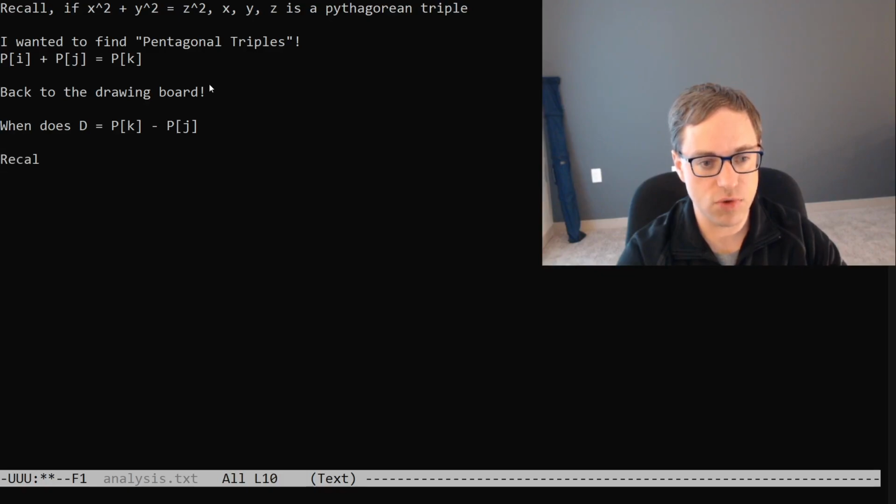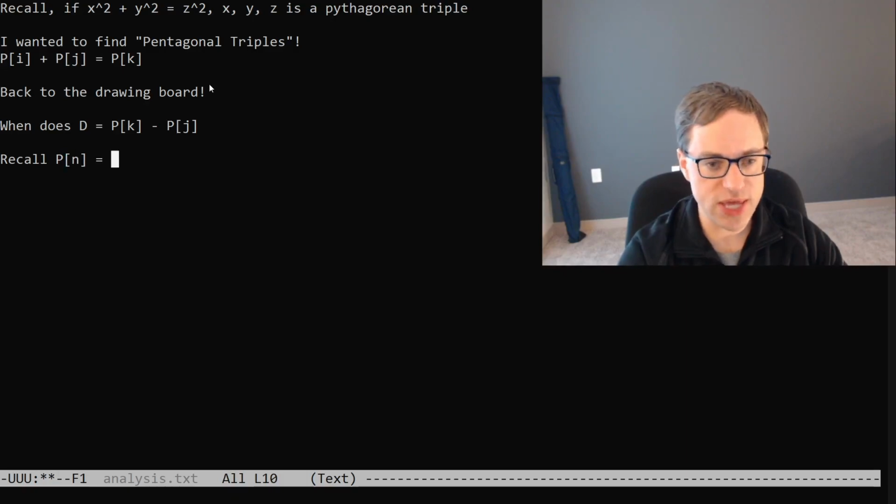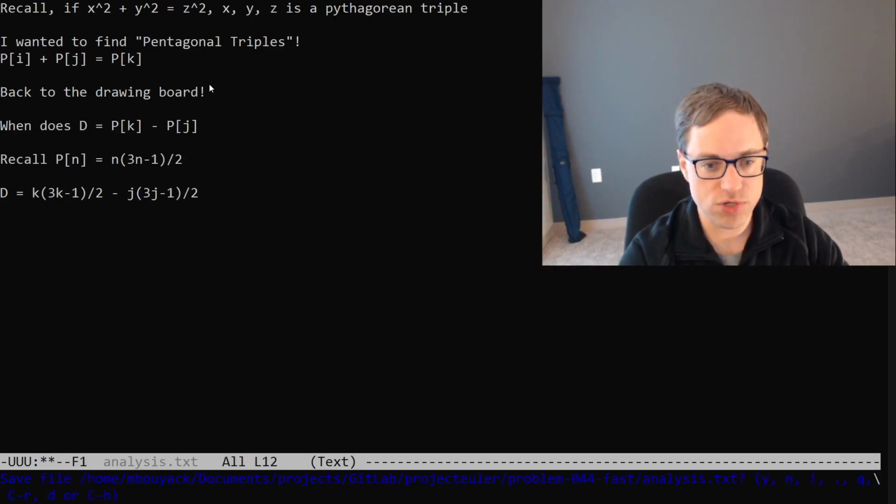Recall p sub n is going to be equal to n times 3n minus 1 over 2. And so we can expand our expression as k times 3k minus 1 over 2 minus j times 3j minus 1 over 2.